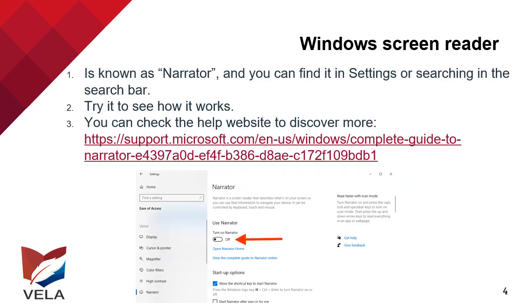Windows has a native screen reader called Narrator. You can find it in settings or by using the keyboard Windows button and then typing Narrator. Once turned on, this tool will read all the interactions you do with the screen, for example moving the mouse, opening a document, or even opening a browser and navigating through a website.